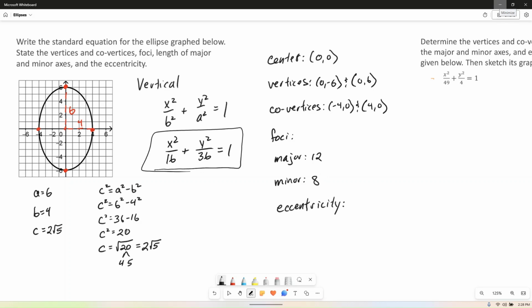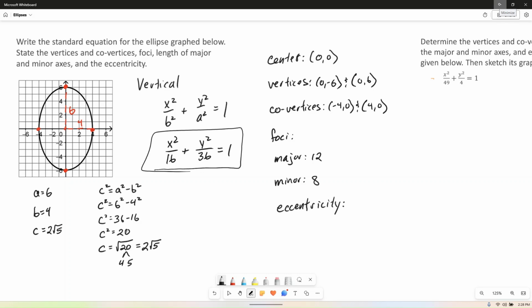The foci are 2 points that are on the major axis, which is a vertical line in this example, and the distance from the center to each focus is measured by c. So in this case, c is 2 square root of 5.